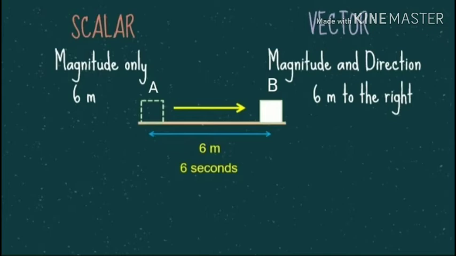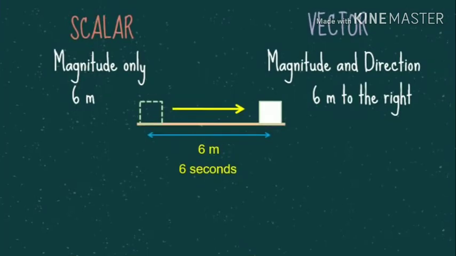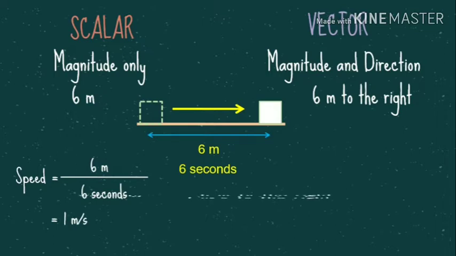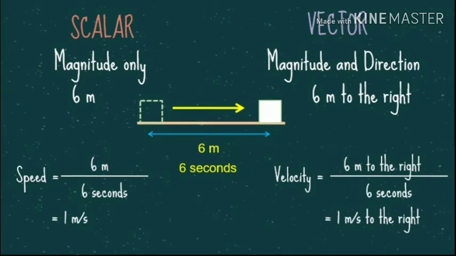Example 2. From A to B, it takes 6 seconds. If the speed is calculated, the speed is equal to 6 meters over 6 seconds, then the speed is 1 meter per second. 1 meter per second only indicates the value and the magnitude, while for the velocity, a vector, the velocity is equal to 6 meters to the right over 6 seconds.